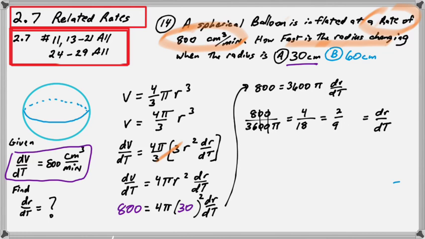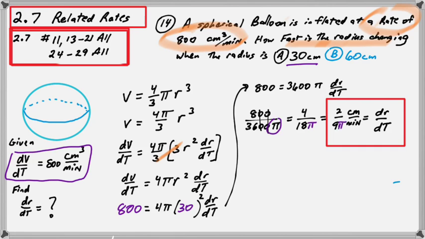Now, if it was in cubic centimeters for volume, the radius would be in centimeters. Time is in minutes. Yes, you need to give units to get these problems correct. Excellent question was just asked. What happened to this pi? I don't know. I lost it. It should be on the bottom.